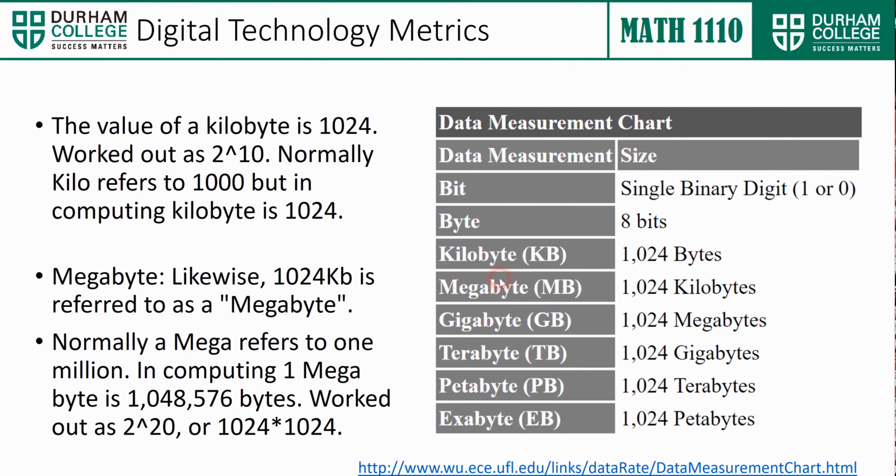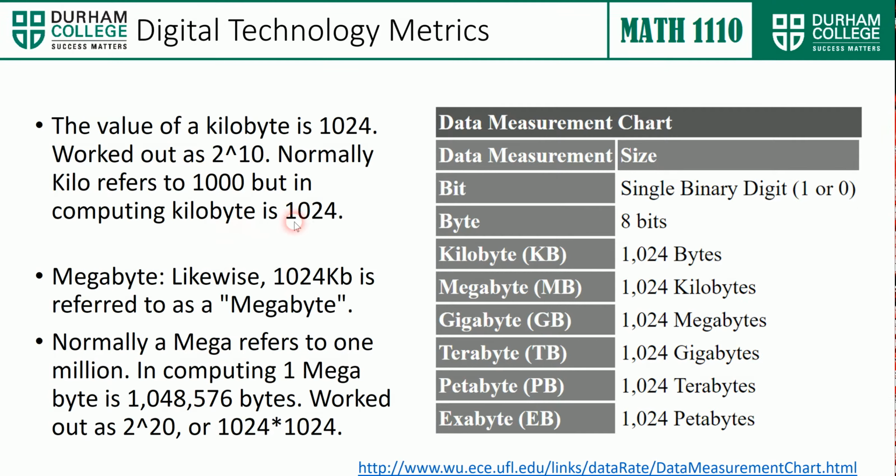And when you have 1024 bytes, they combine to give you a kilobyte, right? But this is an important distinction, because kilo in standard measurements would mean 1000. But because we work in the exponents of 2, it is important to note that in terms of computer memory it is not true. A kilo would not mean 1000.